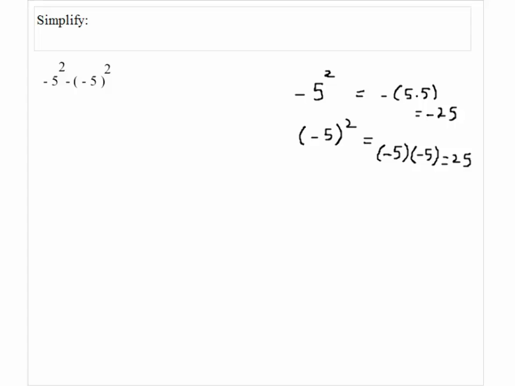So in this case, -5 squared results into -25, and (-5) to the power of 2 would be +25. So we have -25 minus +25. So the result would be equal to -50.